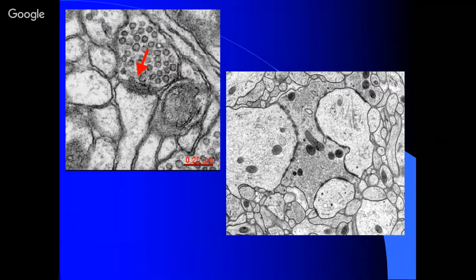So, the axon is always full of that. How do you differentiate axon from dendrite? First of all, most of the time, if you see vesicles, it's going to be the presynaptic terminal.